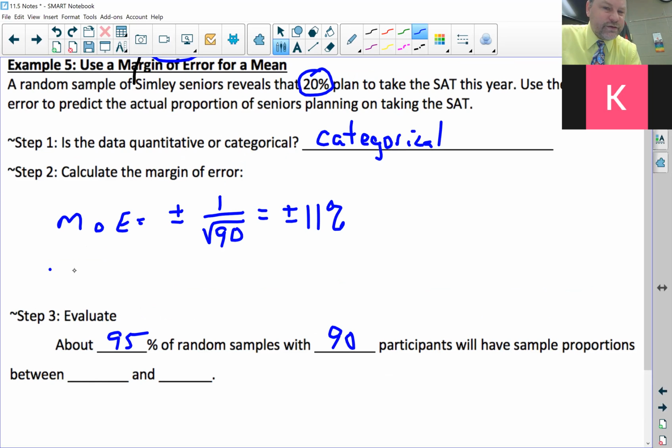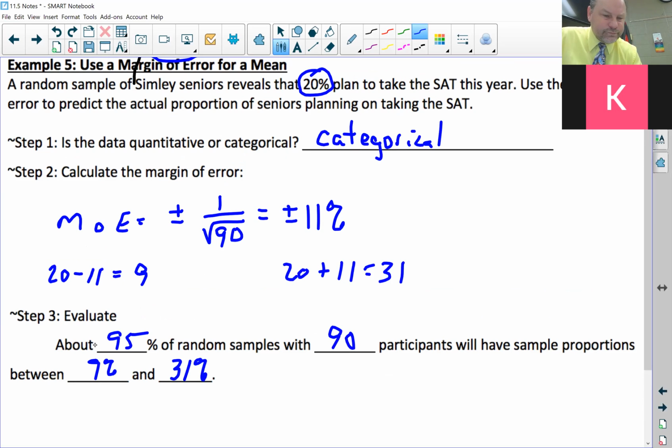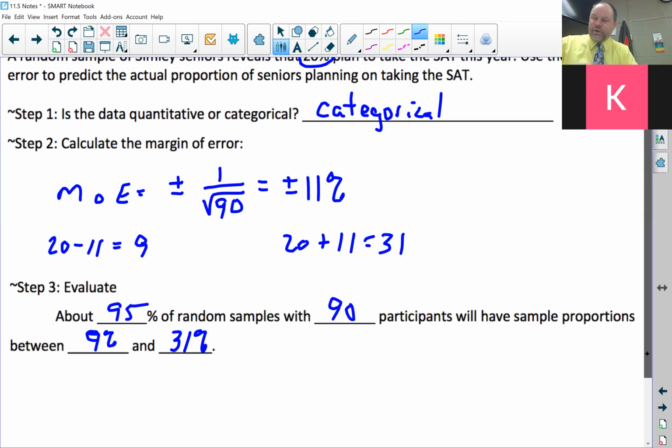So 20 minus 11 and 20 plus 11 would be between 9% and 31%. Right, questions?